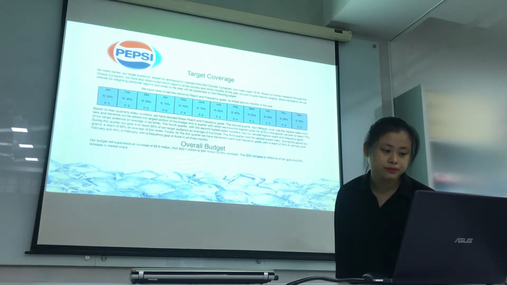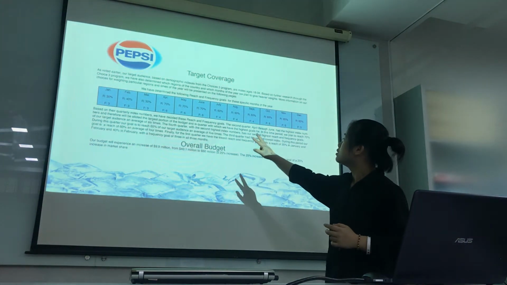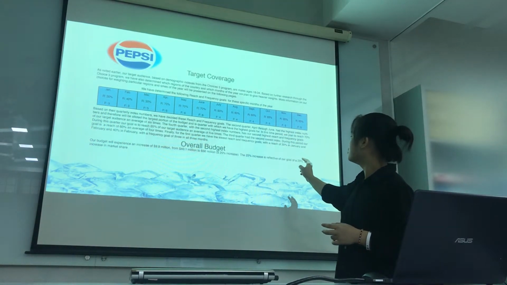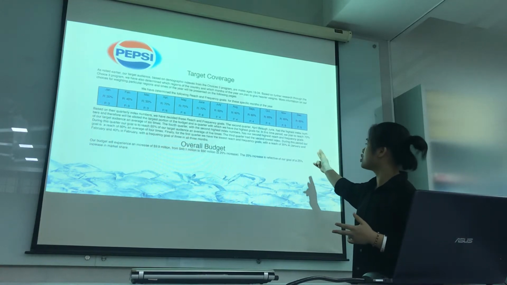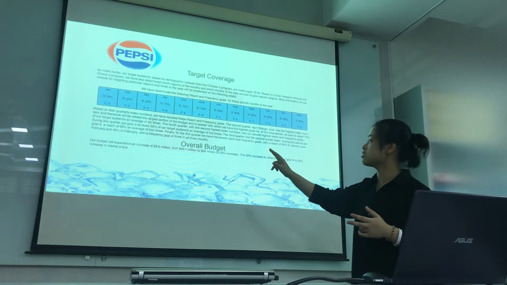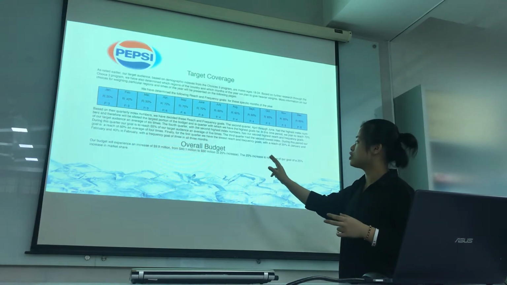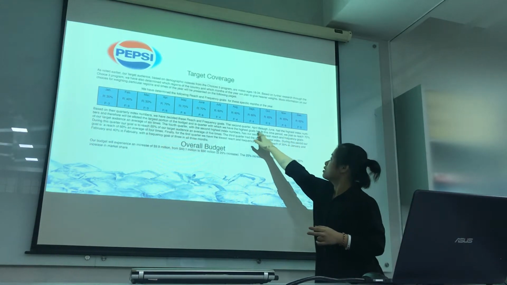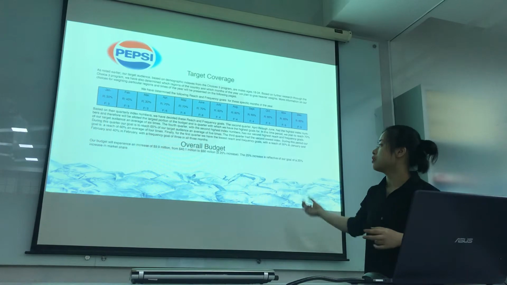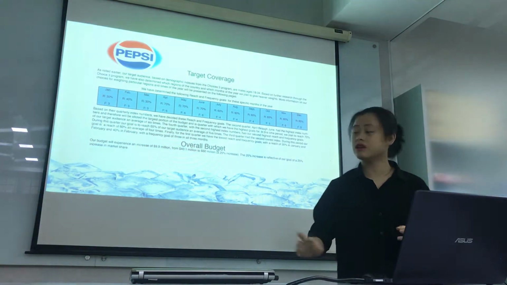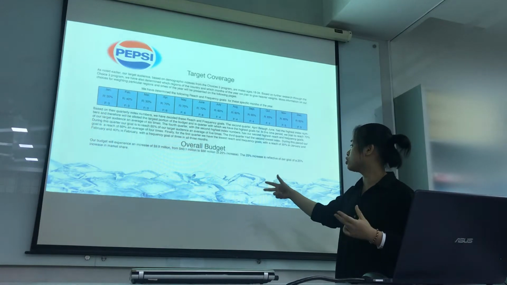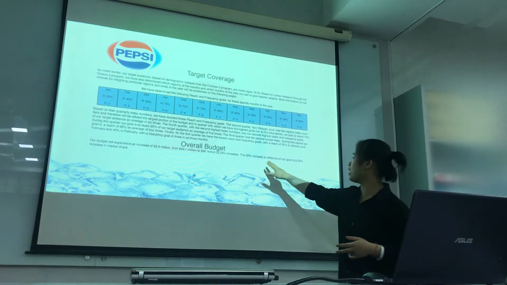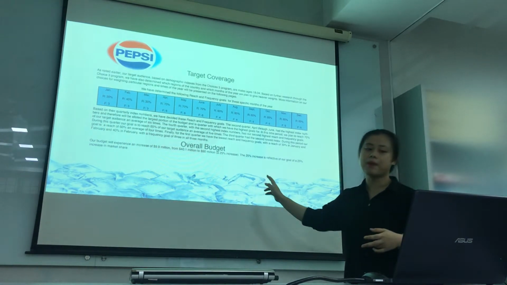About the reach and frequency goals, they plan to reach 70% of their target audience on average 6 times from April to June. This is the important period in their company. And about the budget, they intend to increase it by 25%. This reflects the 25% increase in their market share.